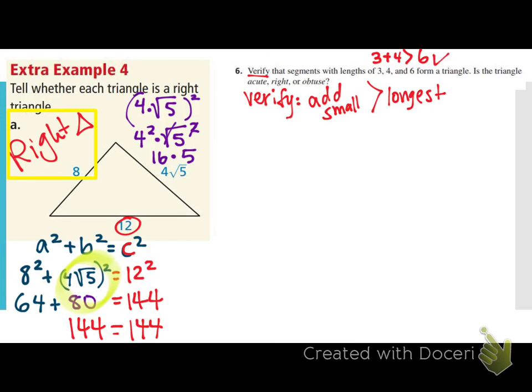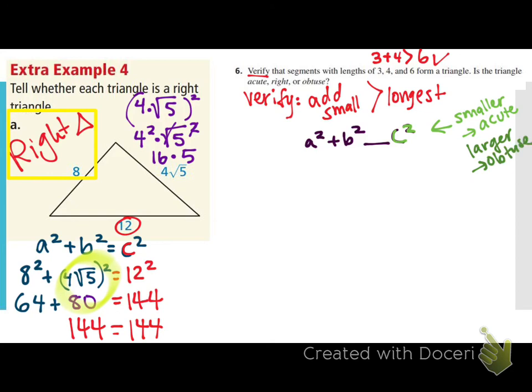Now we want to figure out what kind by doing a squared plus b squared, and we're going to compare it to c squared. So remember, if c squared is smaller, that means acute. If c squared is larger, that means obtuse.